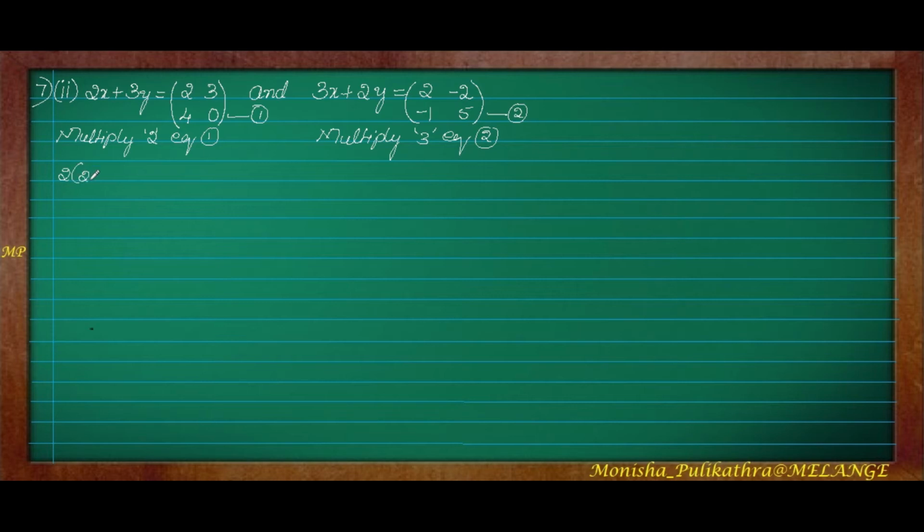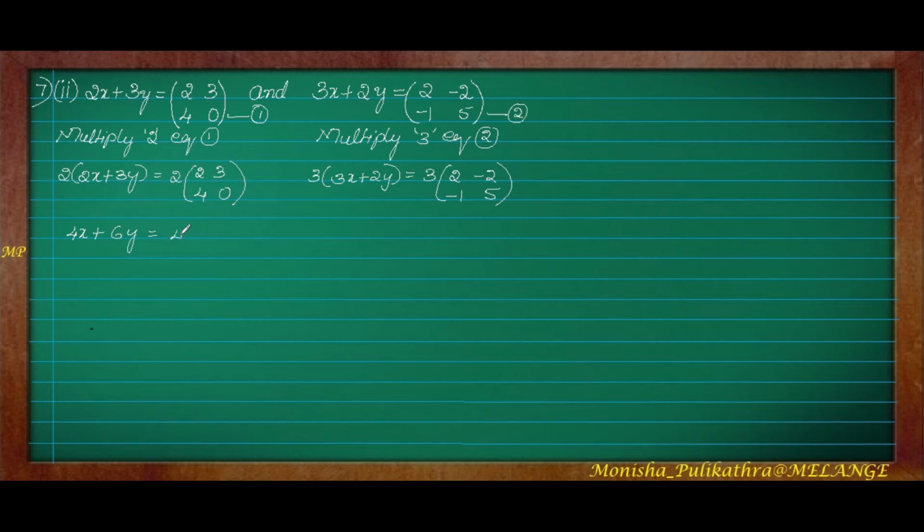So 2 into 2x plus 3y is equal to 2 into the first matrix [2, 3; 4, 0]. In the same way, 3 into 3x plus 2y is equal to 3 into [2, -2; -1, 5]. When we multiply this, it will become 4x plus 6y is equal to, we have to multiply every element inside the matrix by 2.